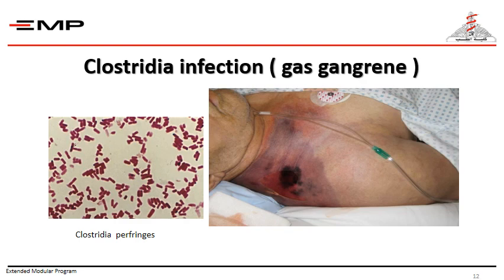Characteristics of this infection: under anaerobic conditions, there is marked necrosis and gas bubbles in between the muscles and under the skin. It's marked edema, toxemia, and the toxin here is an exotoxin. Clinically, there is foul smell discharge, there is crepitus from the gas, and the skin is discolored.